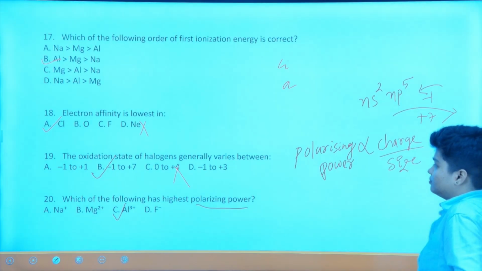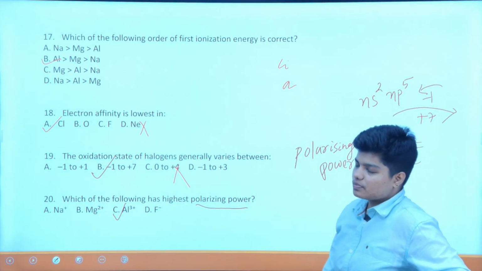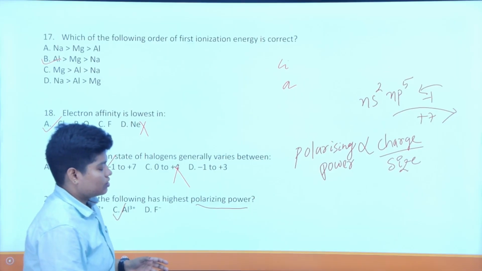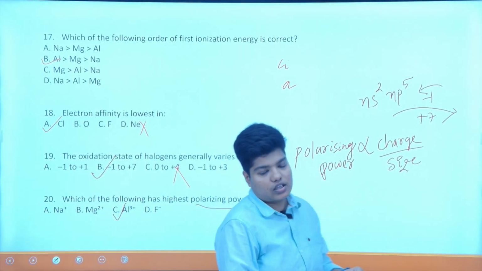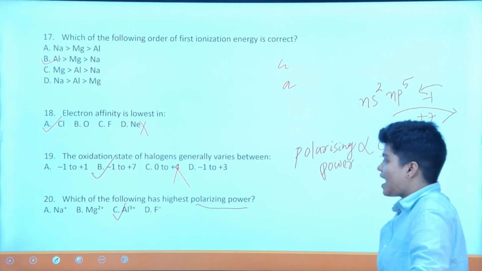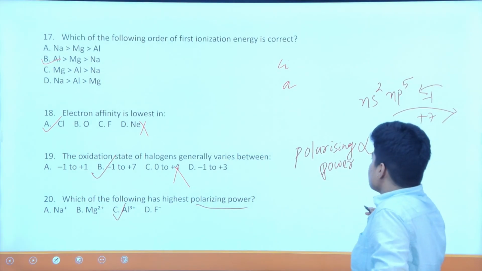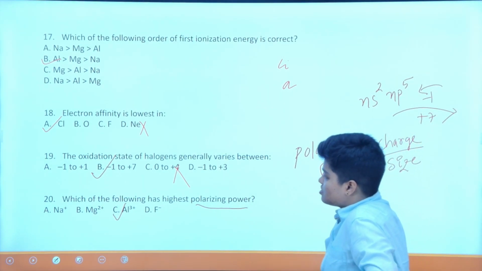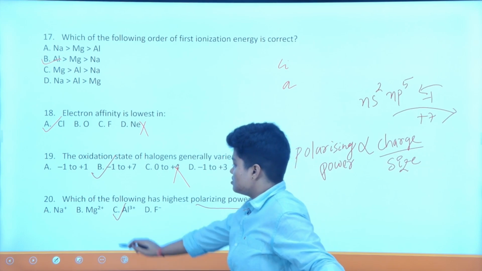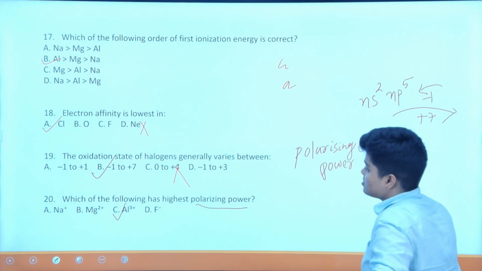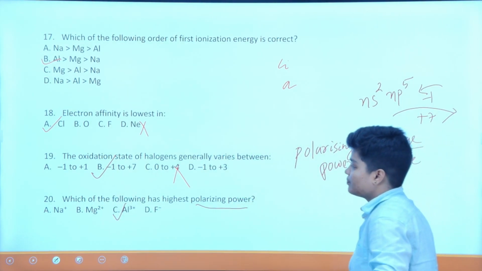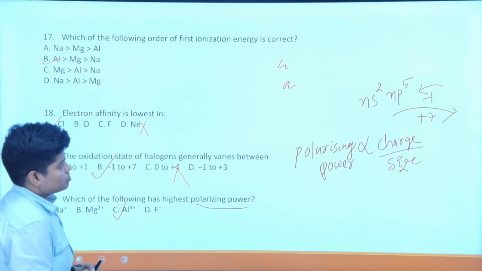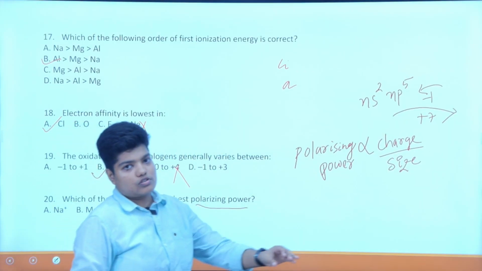Don't confuse polarizing power with polarizability. Polarizability means maximum ionic radius, while for polarizing power, the smaller the size and greater the charge, the more it will be. So among these four options, C will be highest because aluminum 3+ has the most charge.